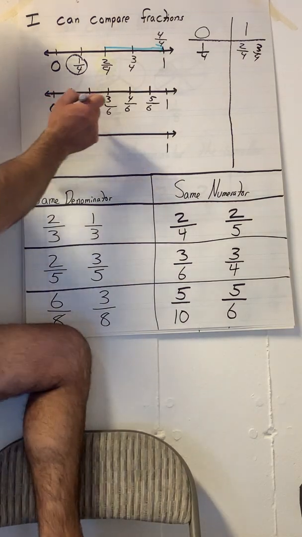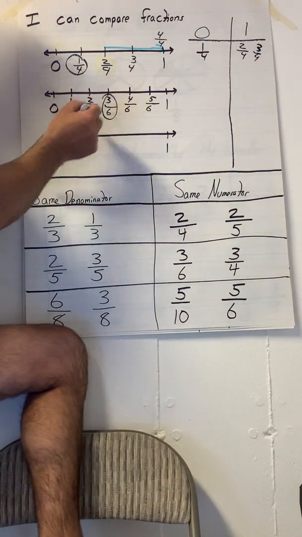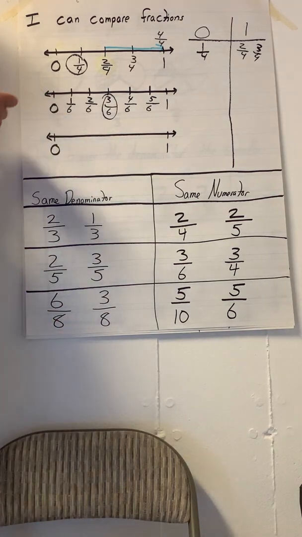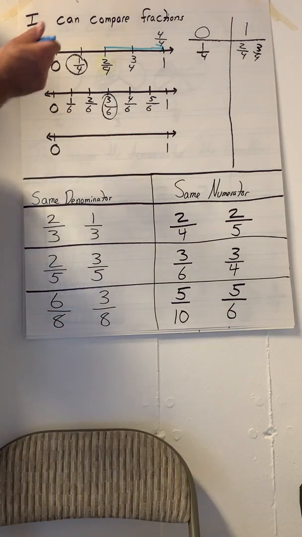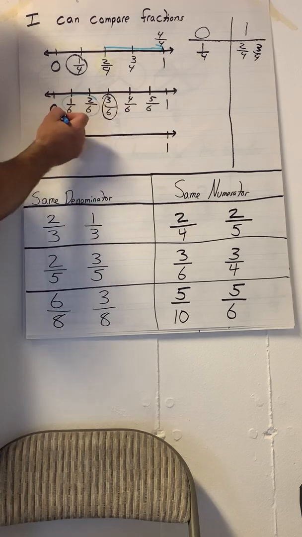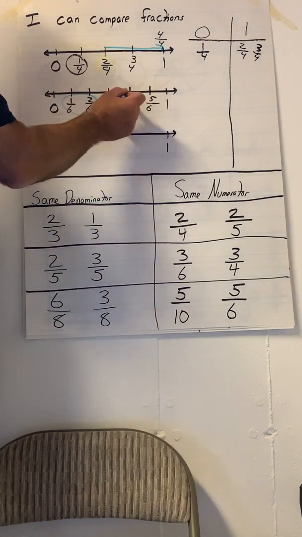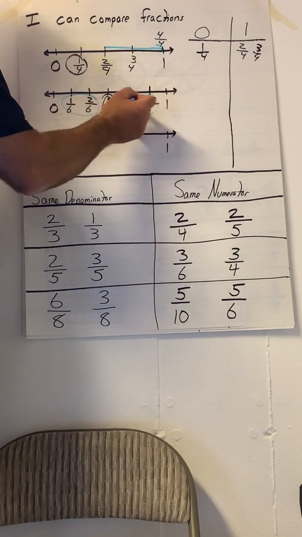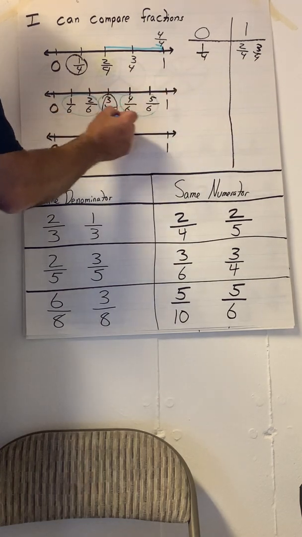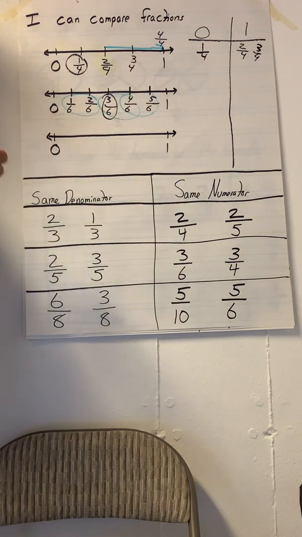Halfway is right in the middle, so 3/6. All of the ones over here, like 1/6 and 2/6, will be closer to 0. And all the ones over here, 4/6, 5/6, and 3/6 because it's halfway, will go closer to 1.